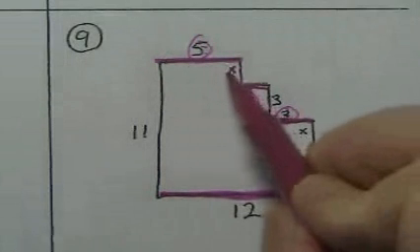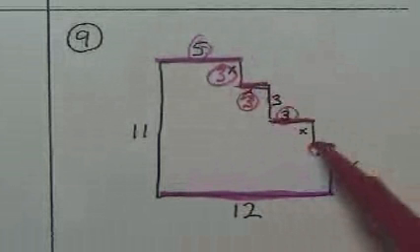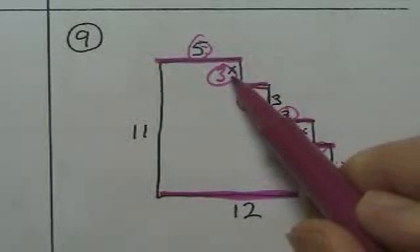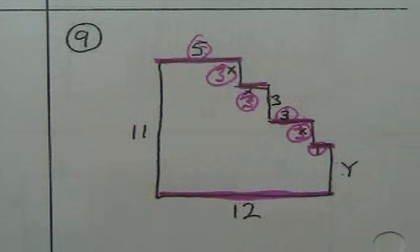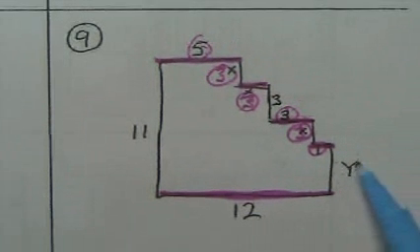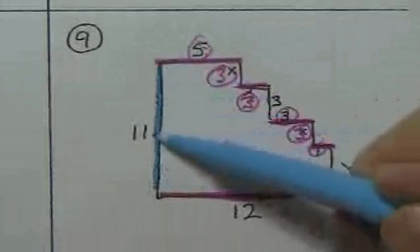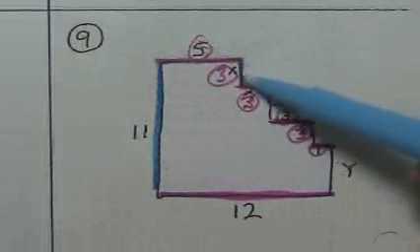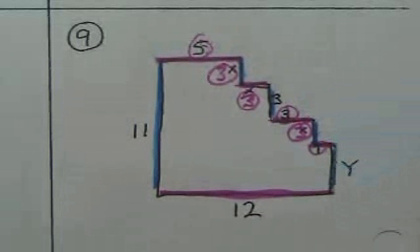That also means wherever you have an x, we figured out what x is, x is 3, therefore all the x's are 3. The one thing we don't know is this y right here. Well, the total length going up and down is 11. So everything going up and down must total up to 11.